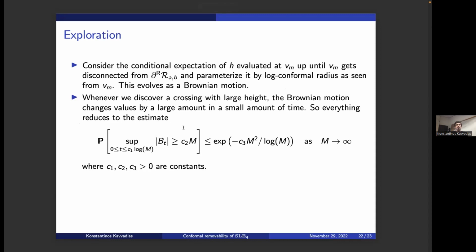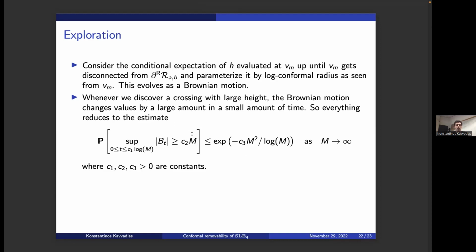So the main idea is that whenever we discover a crossing with very large height, then the corresponding Brownian motion will change value by a large amount, by an amount at least, I think, a constant times m square, in a small amount of time, in an amount of time of order log capital M, because remember we have parameterized everything by log conformal radius as seen from each point, and the spacing between those points is equal to 1 over capital M. And then everything reduces to that estimate here.